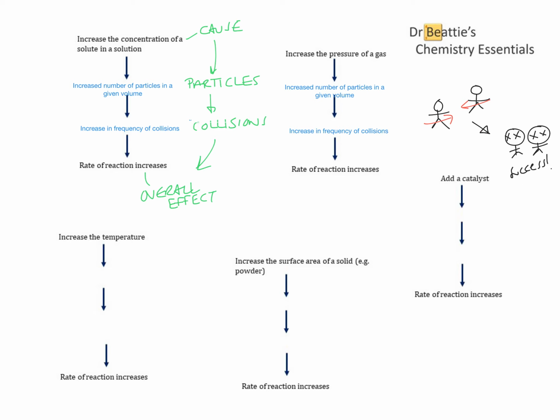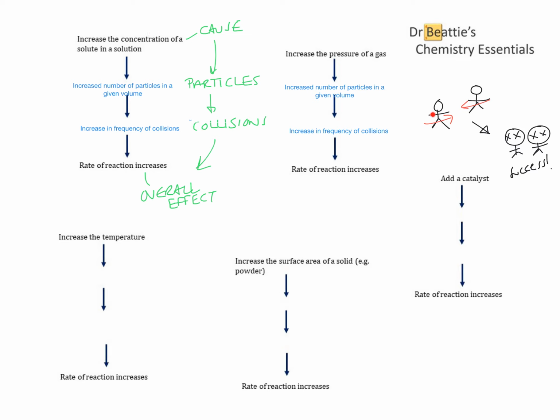So it's gone slightly dark, I approach. However, in terms of basically linking these abstract ideas to something more concrete, if we were to increase the concentration of solute in a solution, that's like taking the same area where these people are walking around blindfolded, bumping into each other, and then just adding more people in there because you've increased the number of particles in a given volume.